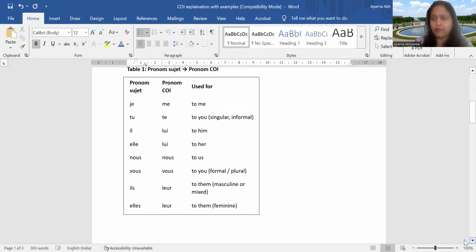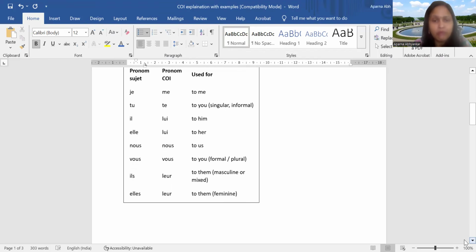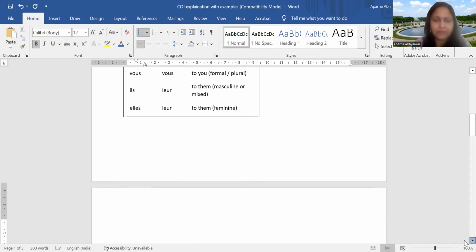So here is a table for your reference. For pronom sujet je, we have me, tu, te, il, elle, we have lui, nous remains nous, vous is vous, and ils, elles plural will be leur, which means to them, masculine and feminine. The meaning is given for your reference in the right hand side column. You may copy the meaning as well.